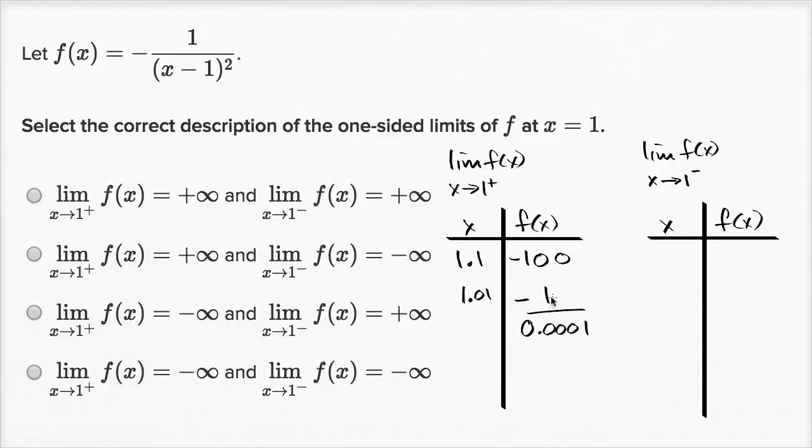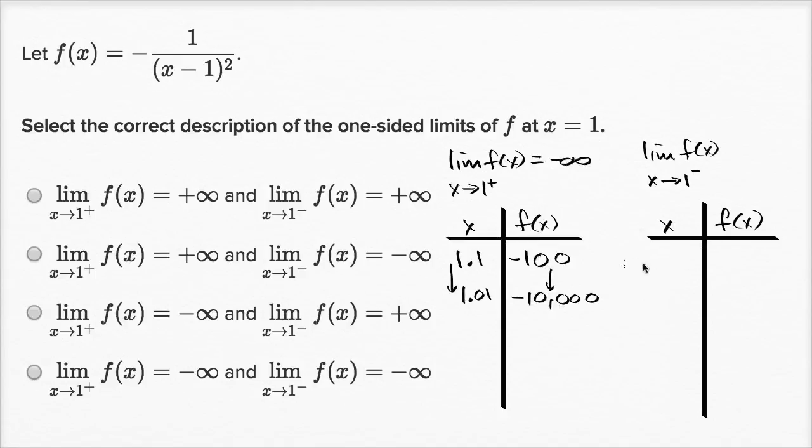And so the negative 1/10,000th is going to be negative 10,000. So let's just write that down. Negative 10,000. And so this looks like, as we get closer, because notice, as I'm going here, I am approaching 1 from the positive direction. I'm getting closer and closer to 1 from above, and I'm going unbounded towards negative infinity. So this looks like it is negative infinity.